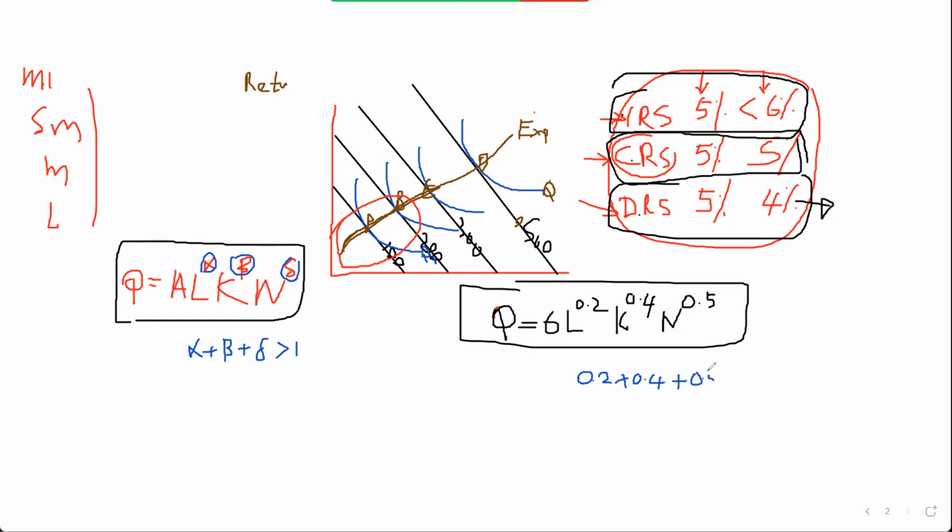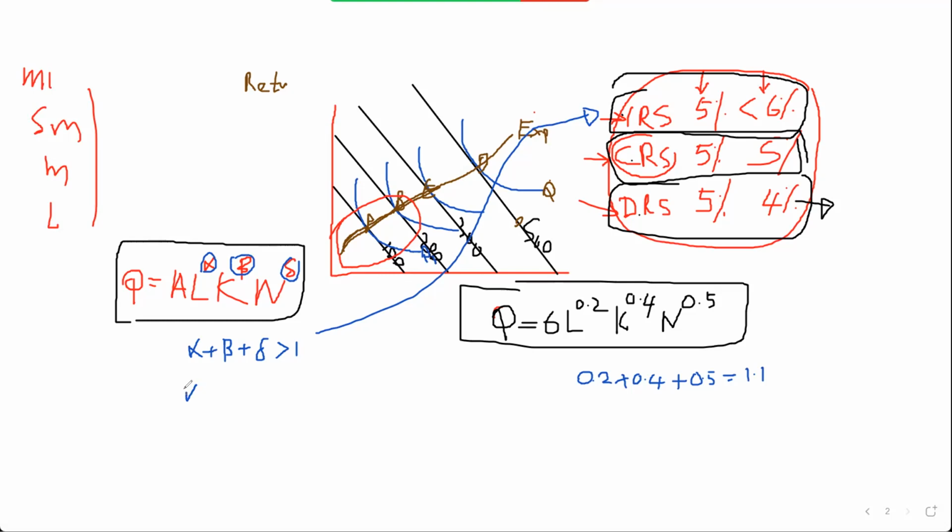Adding these, in this case, you get 1.1, which means greater than 1, then we can say you are in increasing return to scale. Then, as an economist or manager, you can suggest to your director board that it is still better to expand the firm because your profit or return will increase.